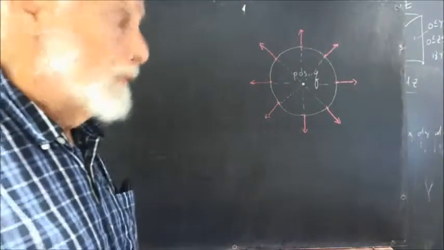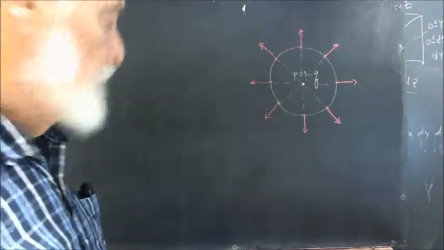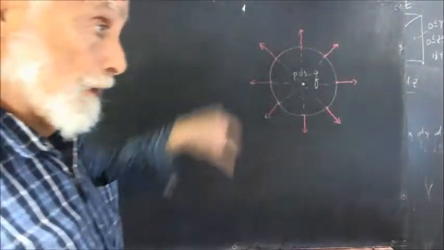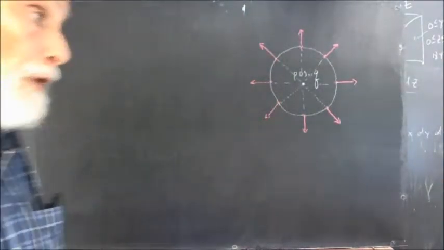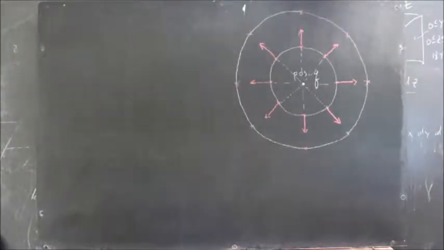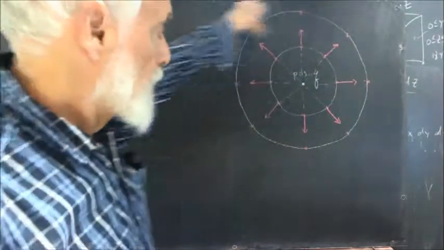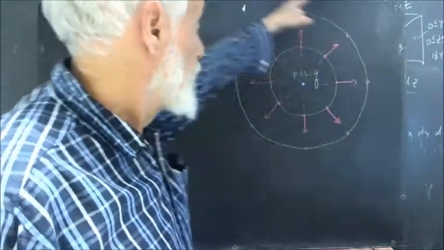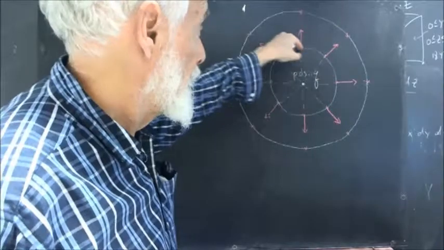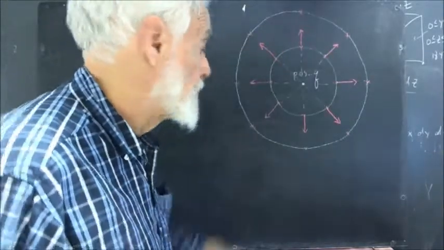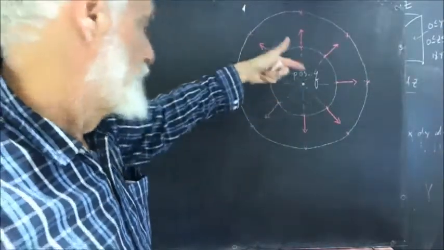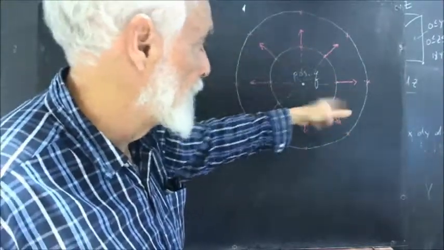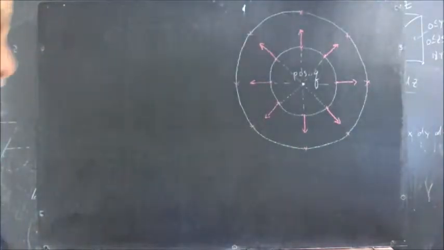Okay. Now, next thing I want you to do is sketch a circle at twice the distance and draw the field that you think would result. Okay, I've sketched a rough circle at about twice the distance, and I've marked points that would correspond to the points that I have on the inner circle, along the same radial line as each of the points from the previous circle.